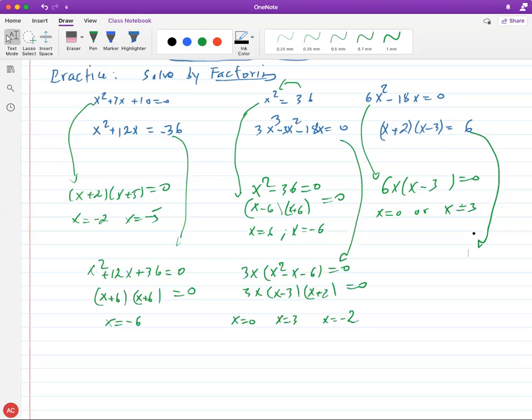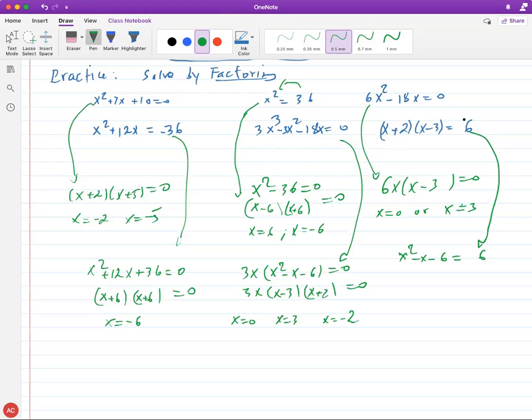And we have one left here. Okay, what's the first thing we do here? Unfactor, which means distribute. Yes, distribute. The opposite of factoring is multiplying or distributing. So this is x squared minus x minus 6.